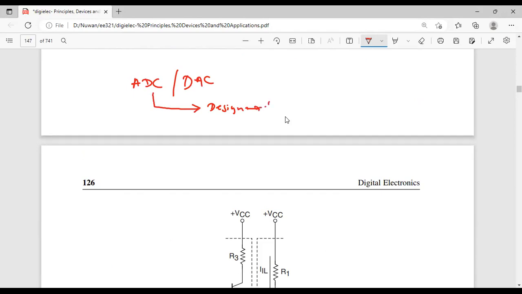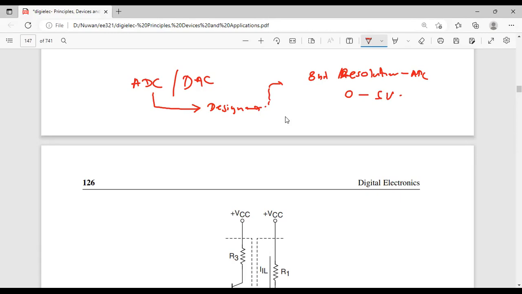Maybe you have to design an 8-bit resolution ADC, maybe the input voltage may be 0 to 5 volt or something. So I think you can design this very easily.